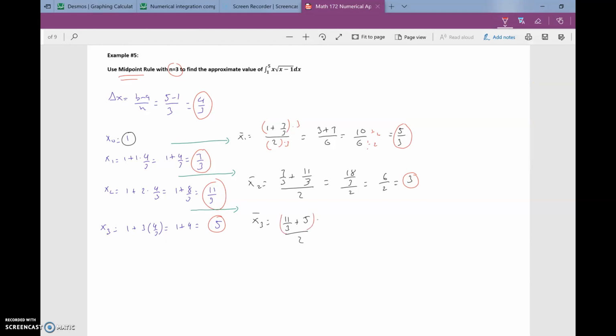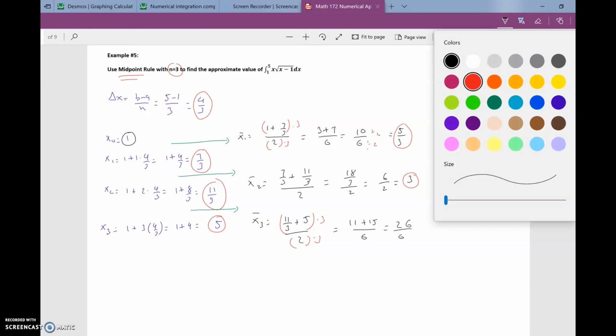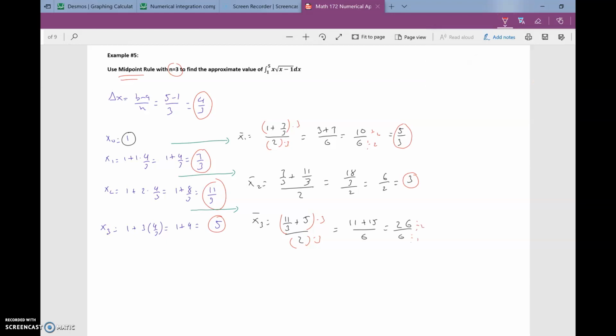Let me multiply by 3 and by 3. In this case, this is going to be 11 plus 15 divided by 6, or 26/6, and you can divide by 2, so we're just going to get 13/3.